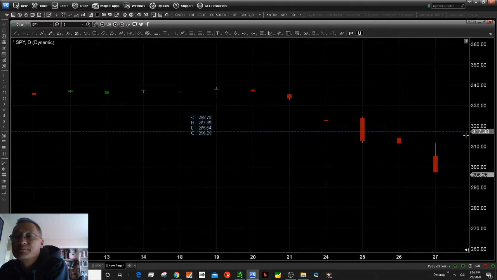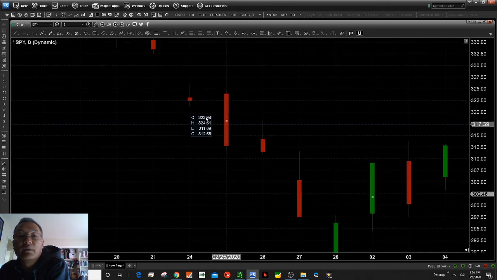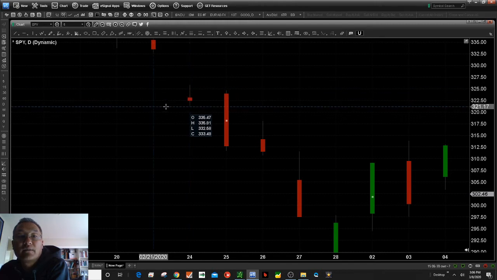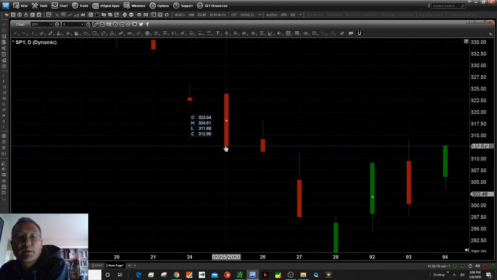Every candle has them. Okay, this candle, open, close, high, low. This candle has an open, close, high, and low. That's the high of the candle, low of the candle, the opening price and closing price. If it's a red candle, the opening price is the high of the body, and the closing price is the low of the red body.